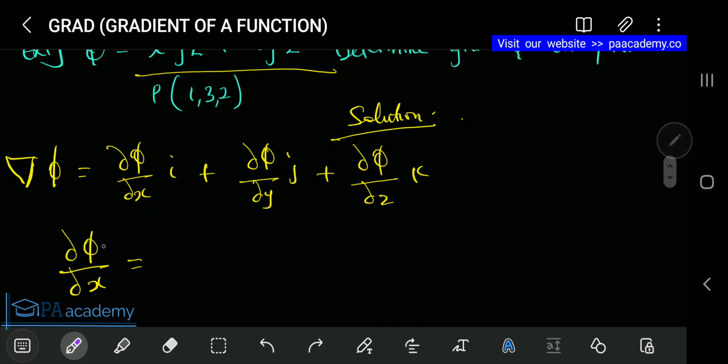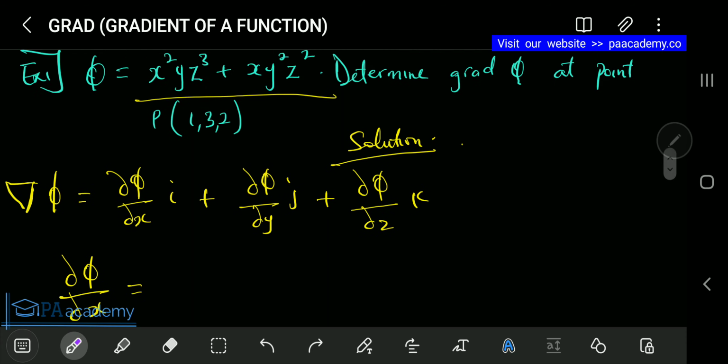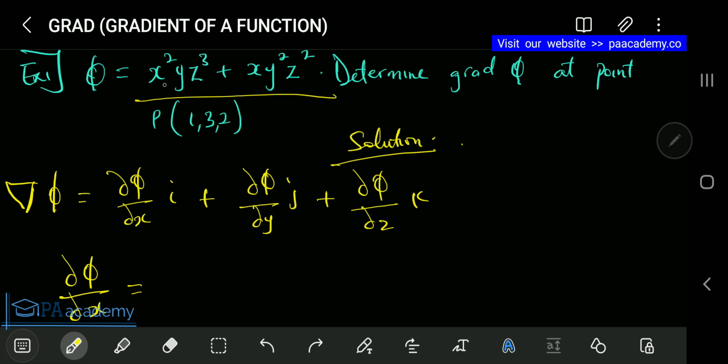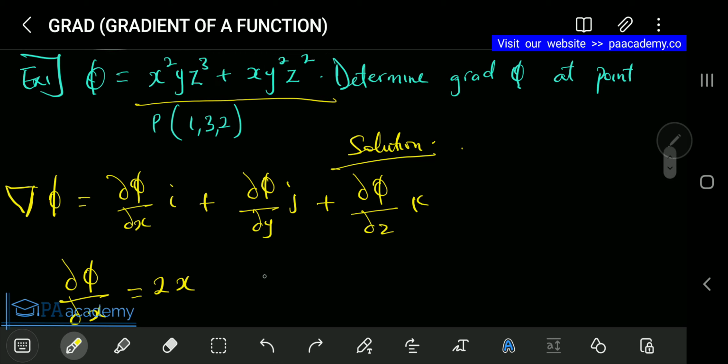So if you have to look for the partial differential of the function with respect to x, we are going to be having, for x, 2x, then with the y and the z cube taken as a constant, we are going to write it back.